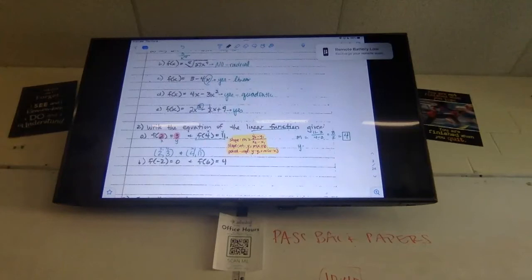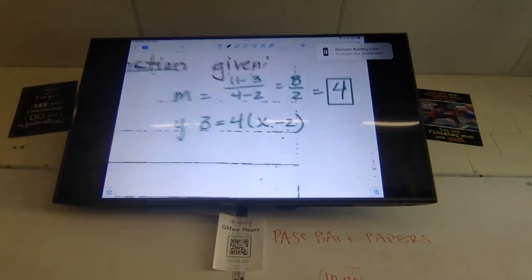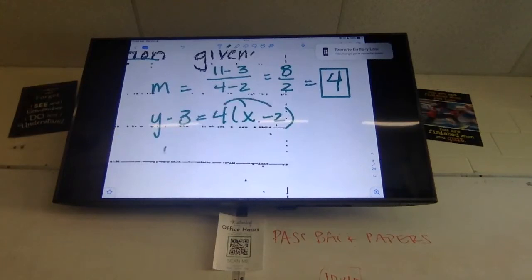That will be my x1, y1, so it'll be y minus 3 equals 4 times (x minus 2). Distribute that through: y minus 3 equals 4x minus 8. Add 3 to both sides: y equals 4x minus 5.